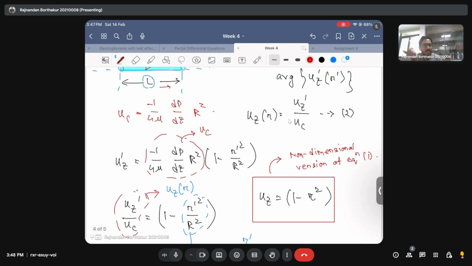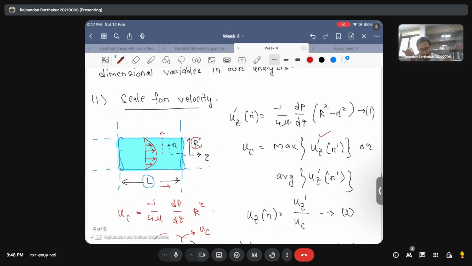For instance, here the velocity is the quantity of interest, and I have chosen my characteristic length scale to be the radius of the pipe, because I know that along the radius my velocity is going to vary. But along the length of the pipe, I know that my velocity is just invariant, because this is a fully developed flow, which means that there is no point to choose this capital L as my characteristic length scale, because if I choose that, I cannot see a change in the velocity profile.